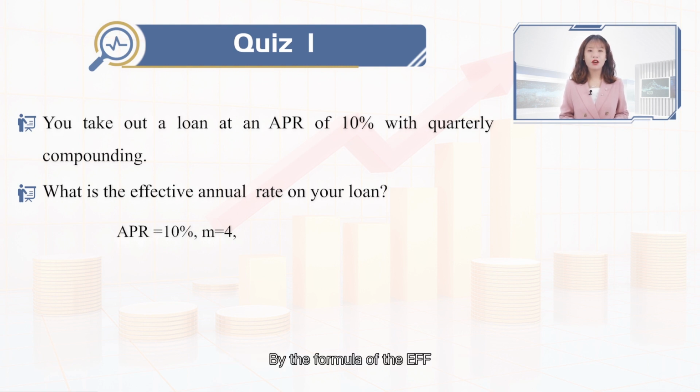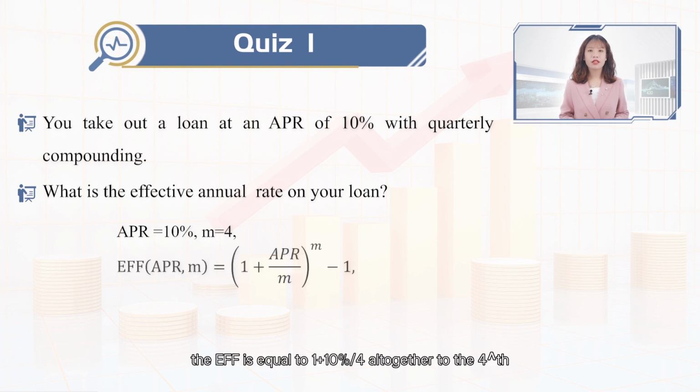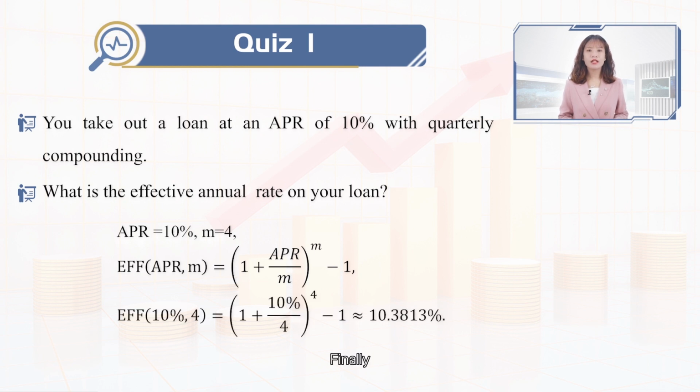By the formula, the EFF is equal to (1 plus 10% over 4) to the 4th, and then minus 1. Finally, the EFF is obtained as 10.3813%.